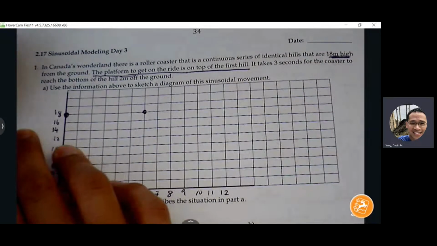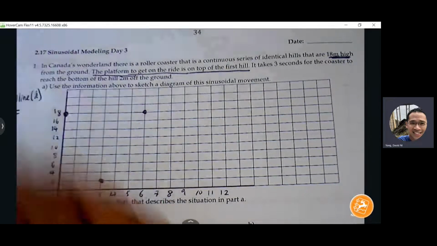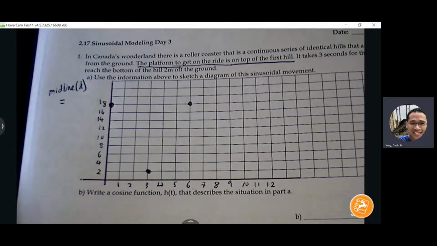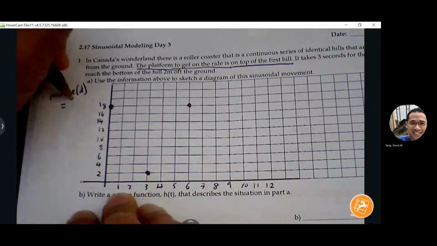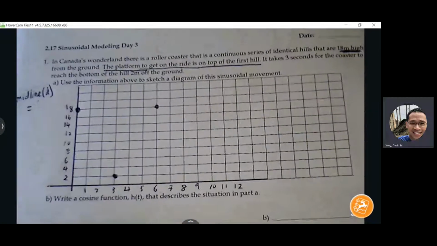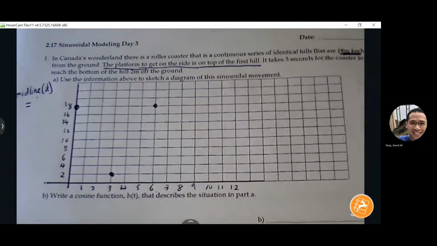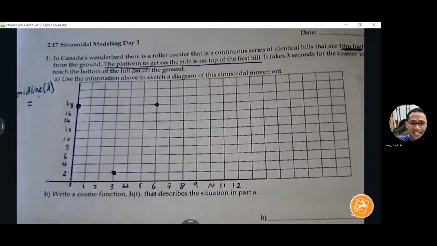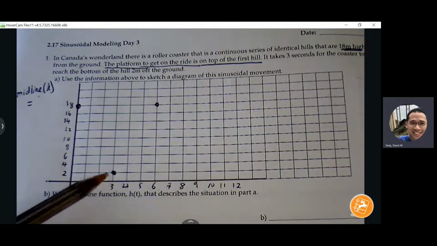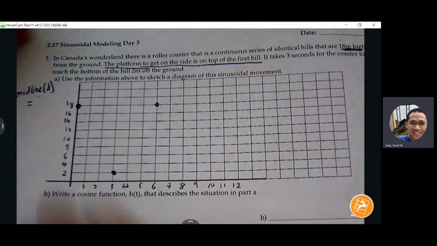Remember the midline, or your D value. The formula there, if you're given the peak and the minimum, you can find the average, right? So 3 seconds to reach half the period, and then another 3 seconds to fulfill that full cycle.